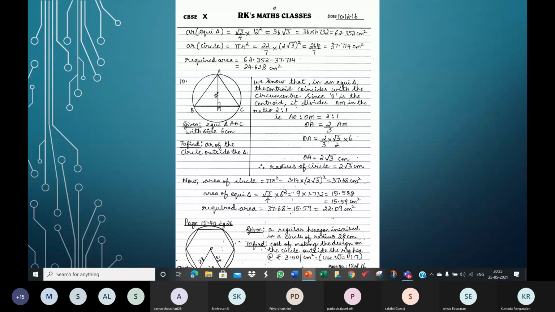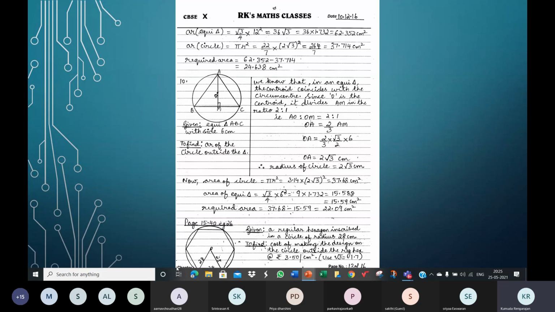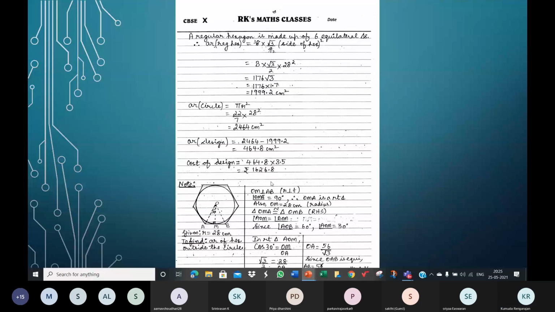All right. Now this one, a regular polygon, regular hexagon. You can see the circle outside the hexagon, and in the next one you can see the hexagon outside and the circle inside. Here the circle is inside. Here the circle is outside. So here the hexagon is circumscribed by the circle. Here the hexagon circumscribes the circle.